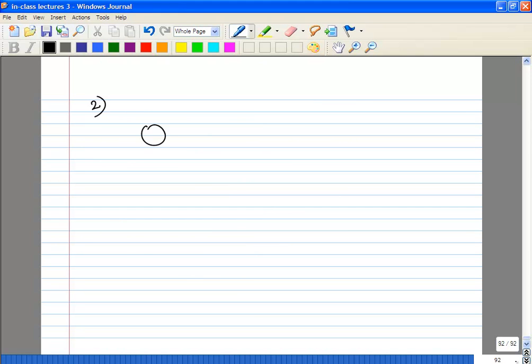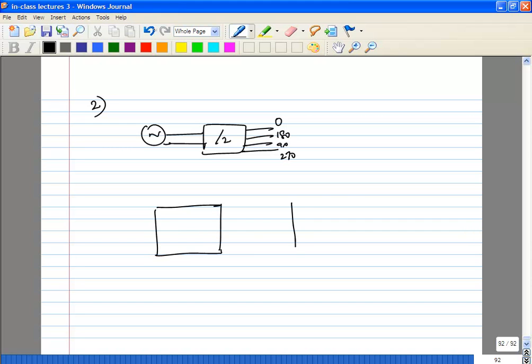You can have a frequency divider. That automatically gives you 270. So you just take two D flip flops.